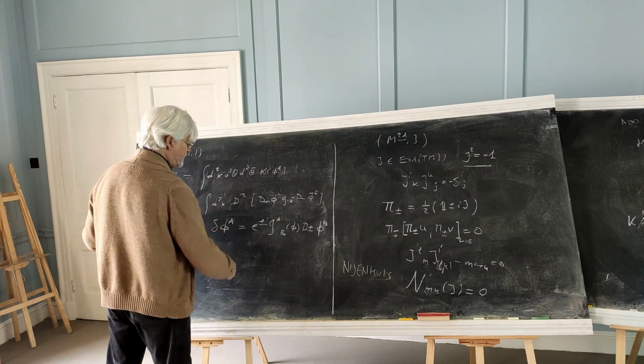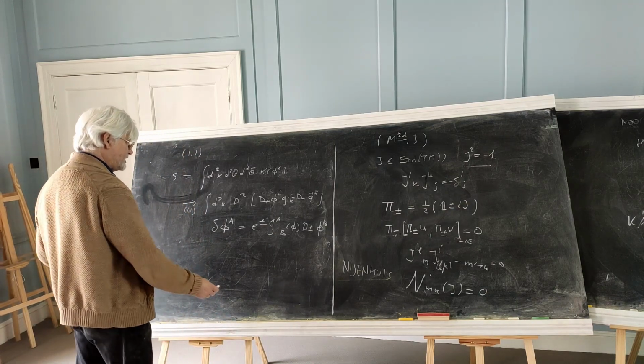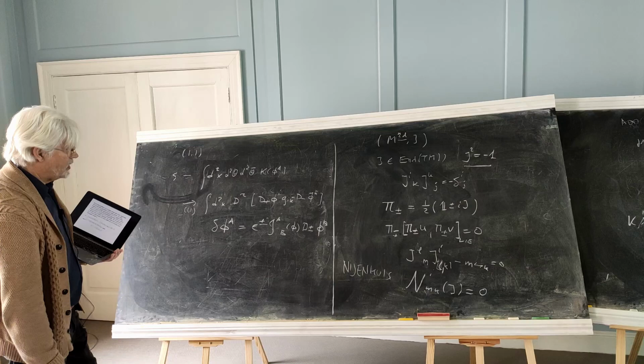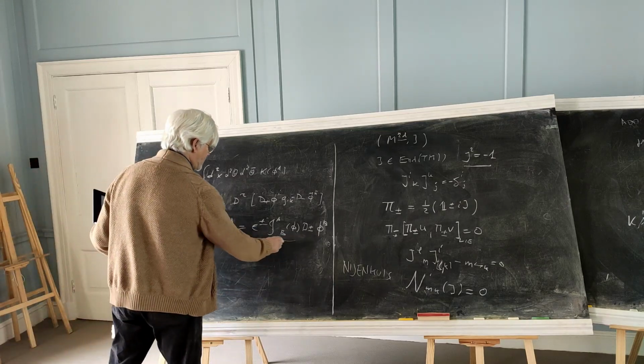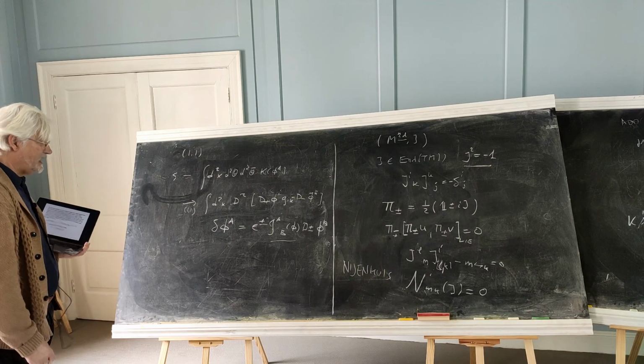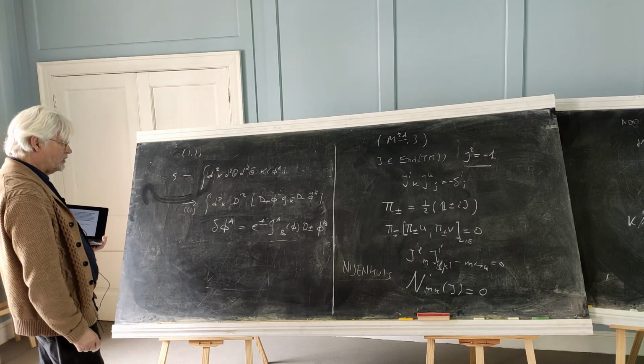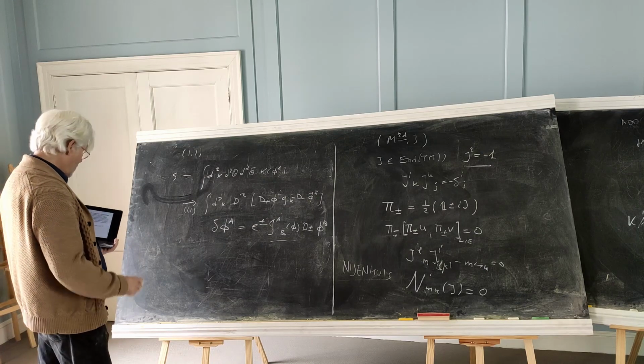So there's an epsilon plus and an epsilon minus transformation. So you make an ansatz for the transformation. You haven't said anything about this object, and you need to use this action to do that.